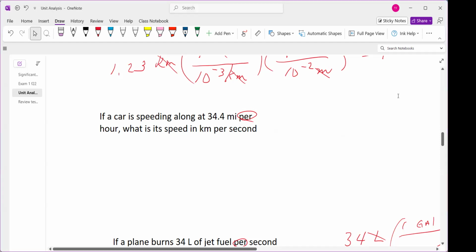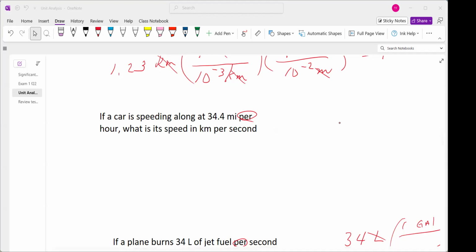So what's given? Look for the number and the associated units to go with it.